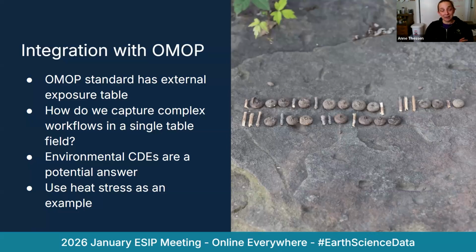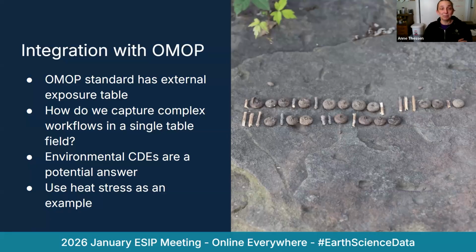So is there a way that we can create the same sort of schema for environmental data, to say, if you're going to have a measure of heat stress or a measure of temperature or whatever, this is how you should do it, and this is all the minimum metadata you should have represented around it.